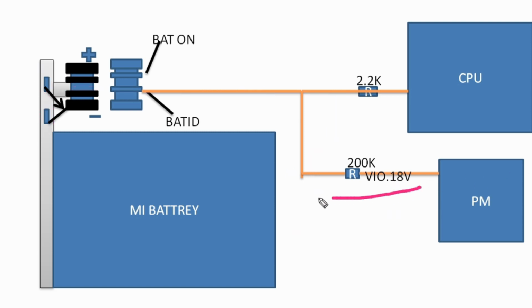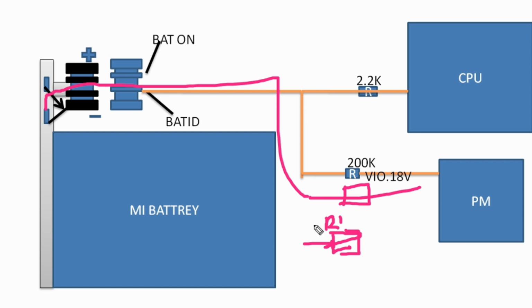I'm explaining this 1.8 line with one resistance, right here. Now it's a second resistance on the Batt ID line, right? In series, what is a divider circuit? You have a minimum of two resistances. R1 is connected with VIN voltage in, and R2 is connected with the ground. Same here, R1 is connected with the voltage in and R2 is connected with the ground, right?